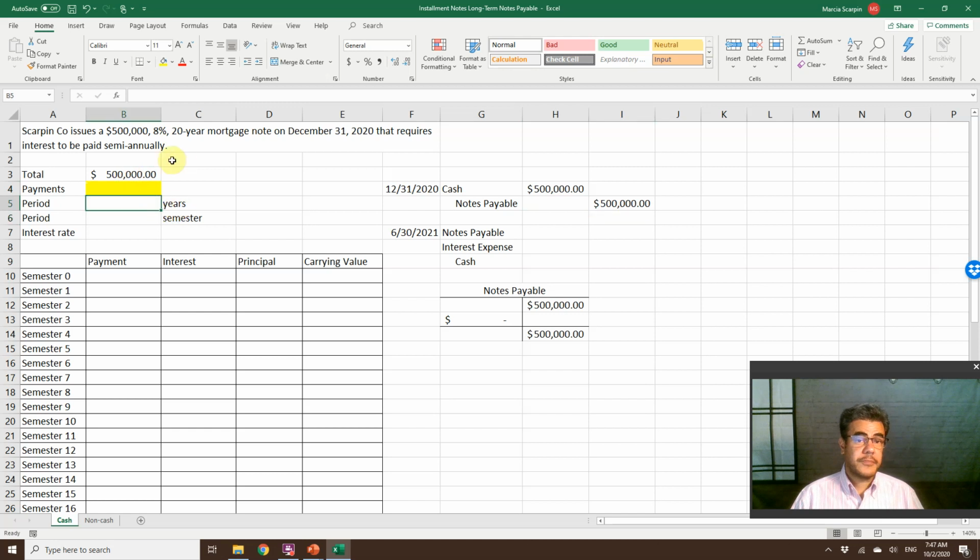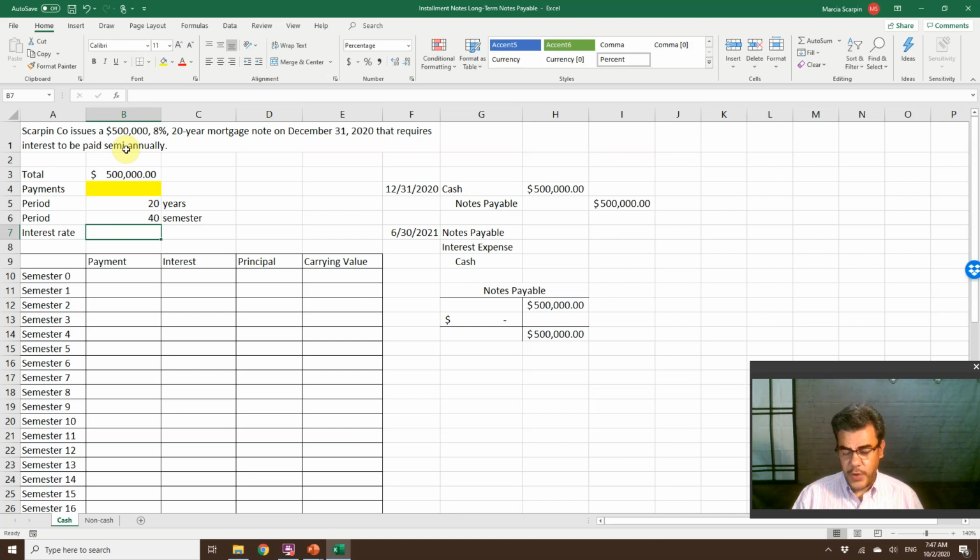Period: 20 years. However, our interest is to be paid semi-annually. So we need to find our numbers per semester. So our semesters, 20 years times two semesters per year.